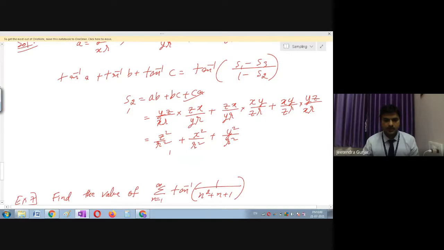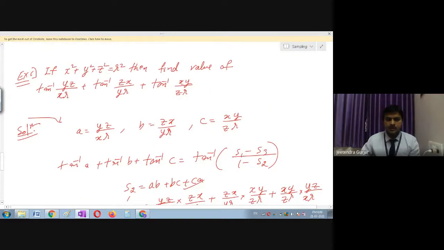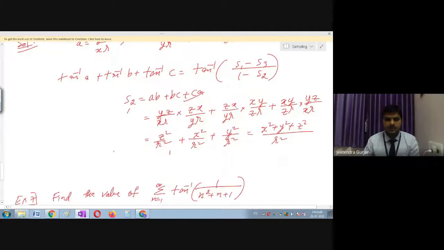Just go on simplifying this one. So therefore this is equal to, you can easily write like this. So take down the LCM, x square plus y square plus z square upon r square. But what is r square? R square is given, x square plus y square plus z square, means this is S2 is equal to 1, right?